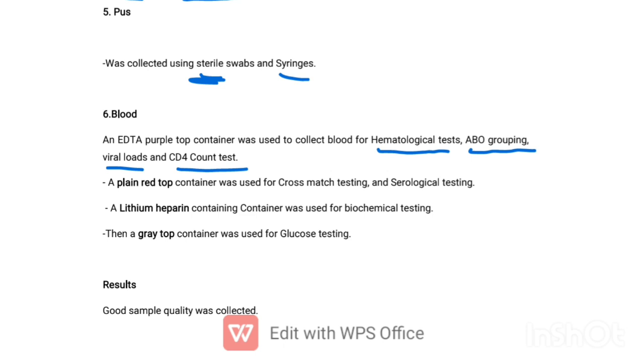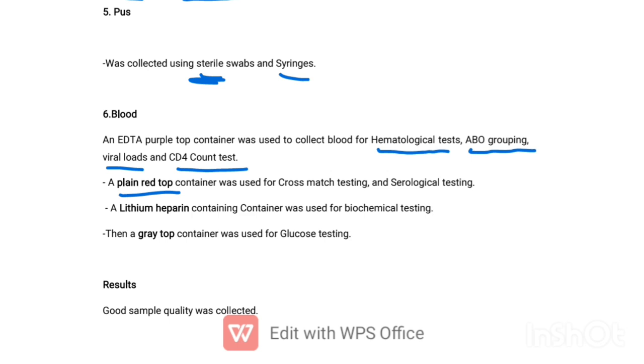A plain red top container means there is no additive or chemical inside that container. Unlike the purple top container, which contains EDTA additive that prevents blood from clotting, in a red top container there is nothing in it.